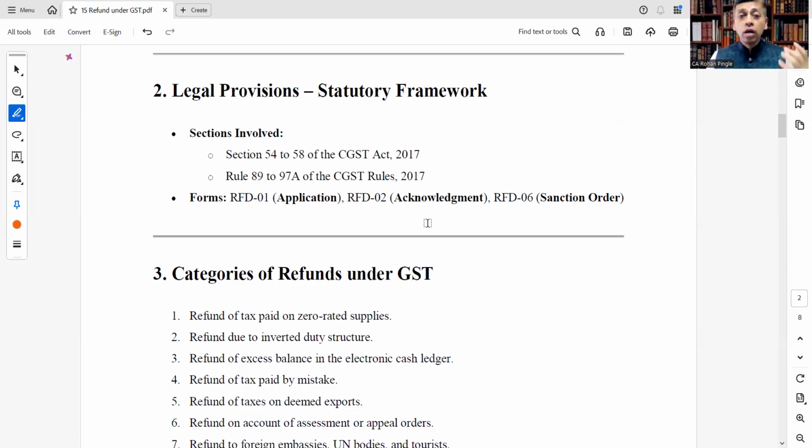Then after application, an acknowledgement is generated, and that is known as RFD 02. And once it is approved, that is sanctioned, then that sanction order is RFD 06. So three types of forms: RFD 01, the application; RFD 02, the acknowledgement; and RFD 06, the sanction order.